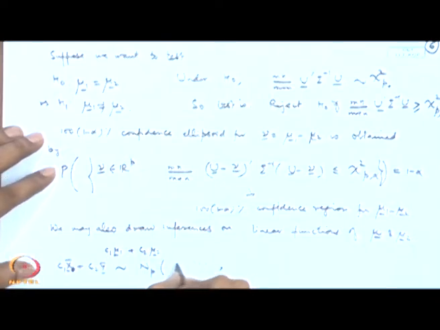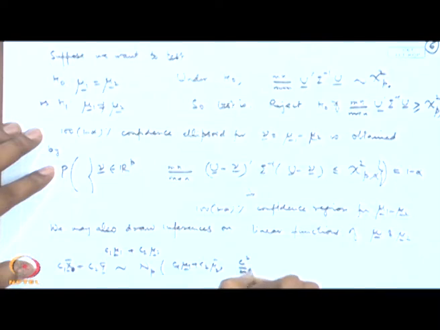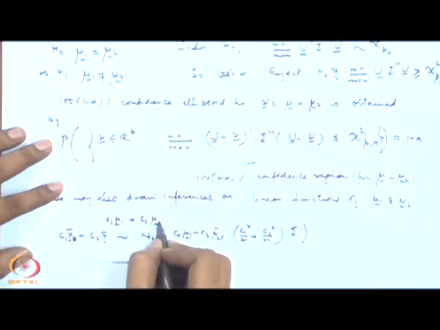So, for example, here it will become C 1 mu 1 plus C 2 mu 2, and here I will get (C 1 square by m plus C 2 square by n) sigma. So, based on this again we can construct test and confidence interval for C 1 mu 1 plus C 2 mu 2. Suppose I call it xi.